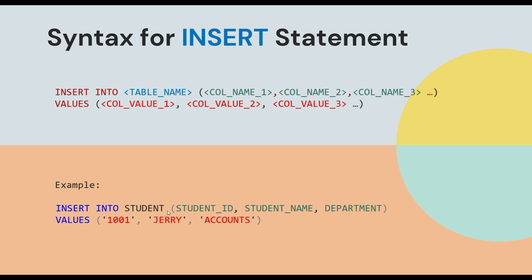Say if the student table has 3 columns but you want to insert only 2 columns which are necessary, you can insert in that way. But all the required columns have to be inserted. Like if there are 5 columns and 3 of them are set to have mandatory data, when inserting the data it has to have the records, otherwise it will throw unique constraint or not null constraint error.